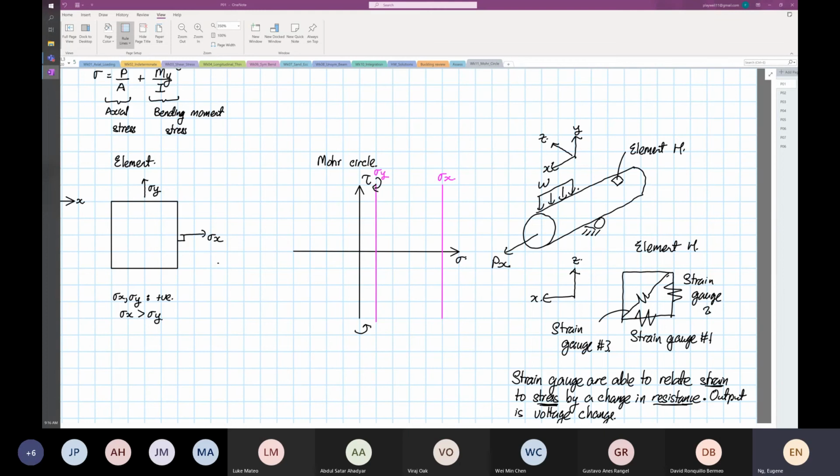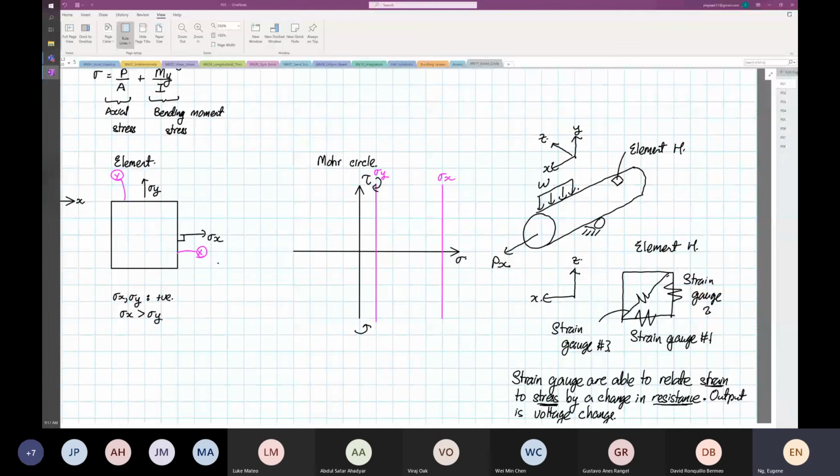I want us to have a habit: once we see an element, we call this point X, and here our point Y. Anytime you start a problem like this, the plane intersecting the x-axis is your X, and the plane intersecting your y-axis is your Y.